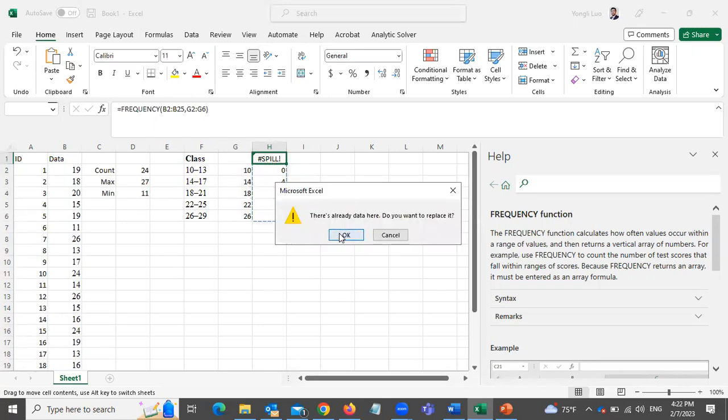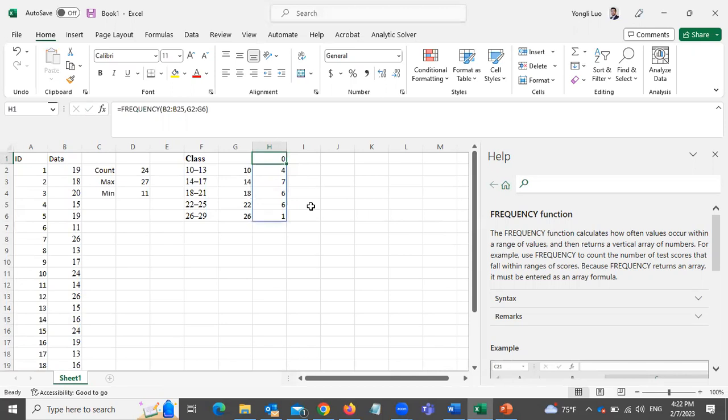You cannot change that number. You see, you click on the 0, that is the formula called FREQUENCY. The frequency says you have 4 within that range. You click on that and want to change it, but it doesn't allow you to change.